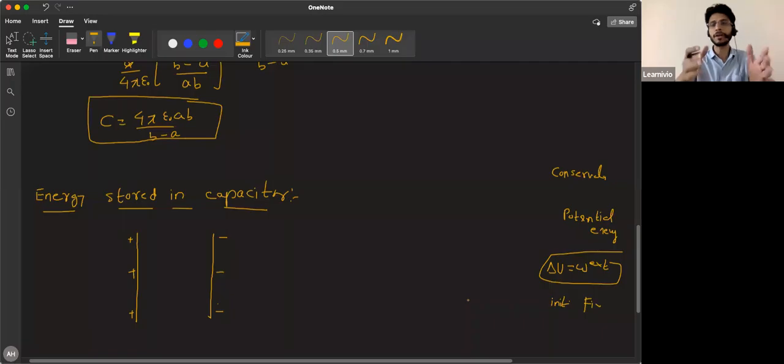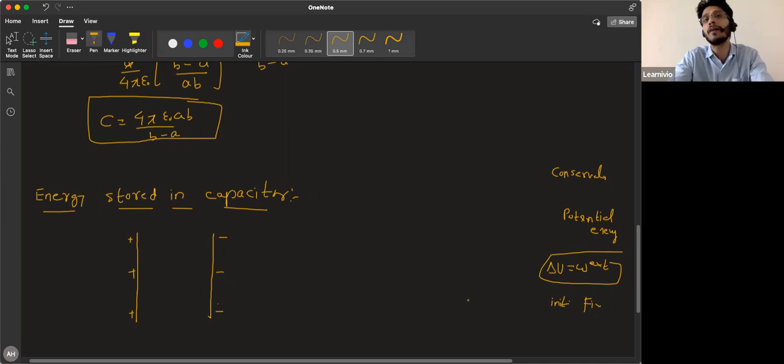Do you understand what initial and final positions are? But when we talk about a capacitor, it's not position. I'm not bringing the plates of the capacitor from one position to another. So when we say initial and final for a capacitor, that means initial and final stages. The initial stage means when the capacitor is uncharged.